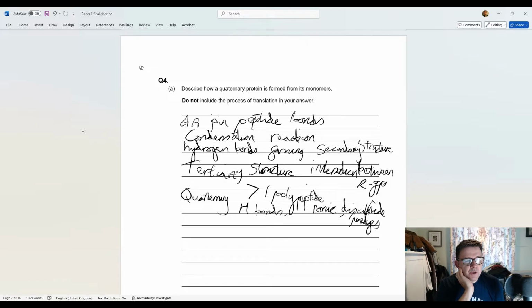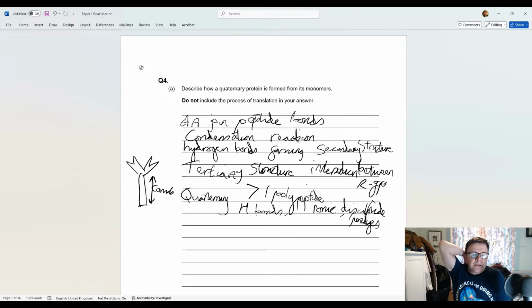I know this is not about antibodies, but I want to quickly talk about the structure of antibodies. An antibody is obviously a polypeptide. It's made of a chain of more than one polypeptide. You've got a constant region that doesn't change and a variable region that does.